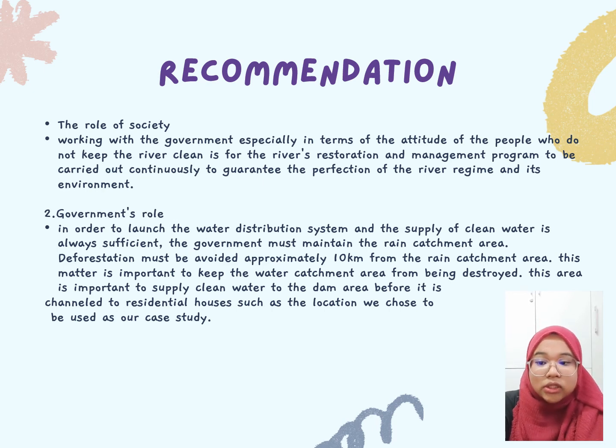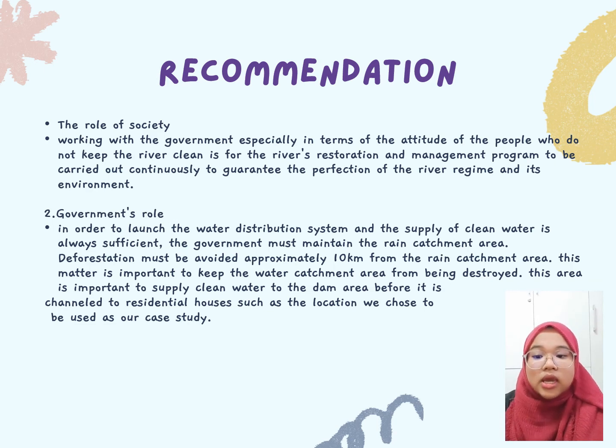Next, the government can also raise water bill rates to control and manage the water distribution system. This will stop the attitude of the community that tends to waste the water supply distributed to each resident.